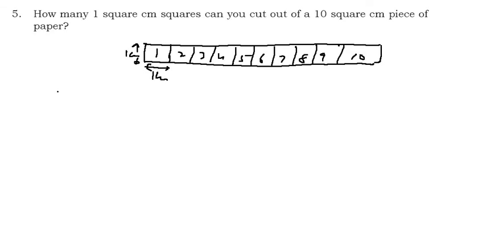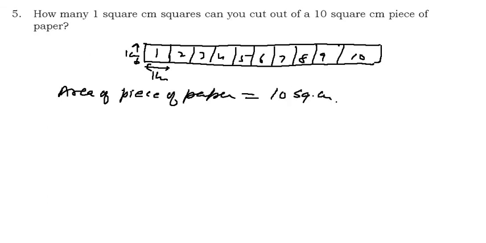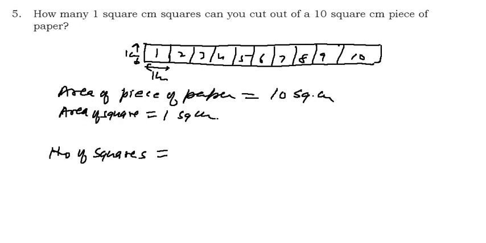So first of all, the area of the piece of paper is given as 10 square centimeter. The area of square is 1 centimeter square.